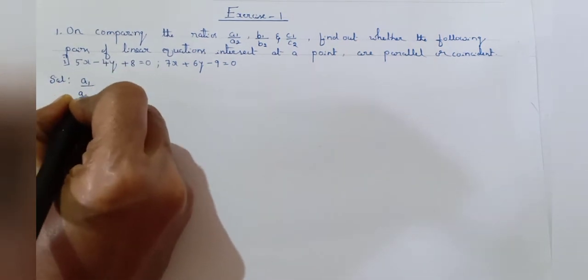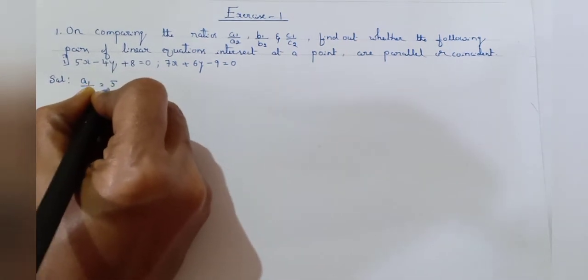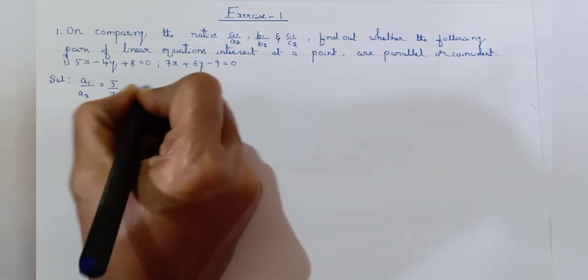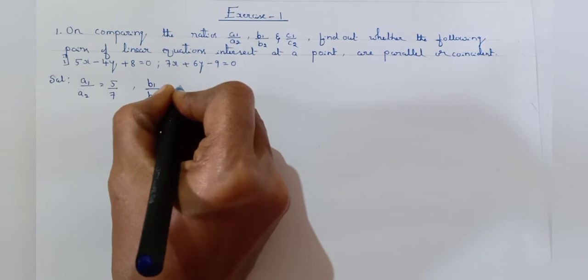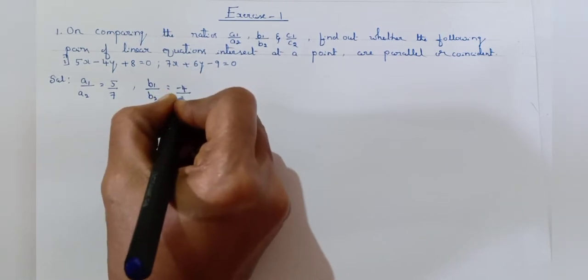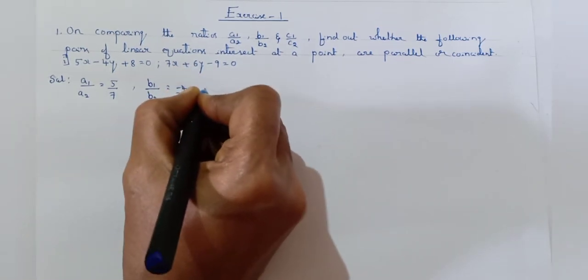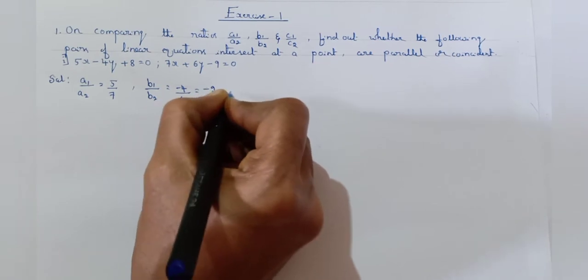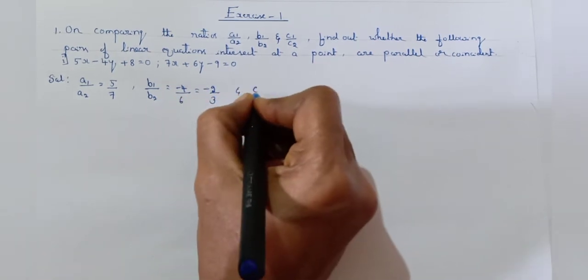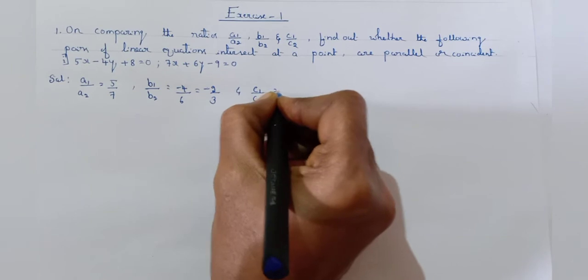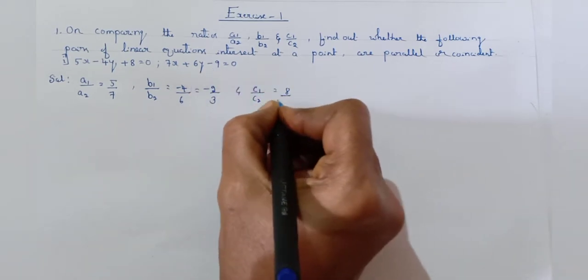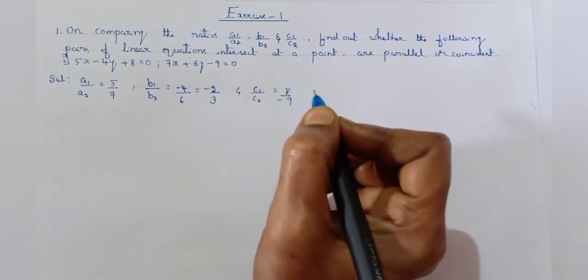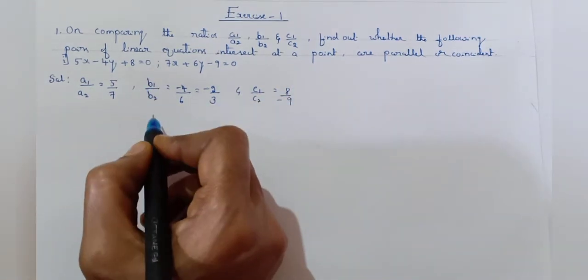Now find out the ratios. A1 by A2 is equal to 5 by 7 and B1 by B2, B1 is minus 4 and B2 is 6, so minus 2 by 3. Next, find out C1 by C2. C1 is 8 and C2 is minus 9. Now see the ratios A1 by A2 and B1 by B2.